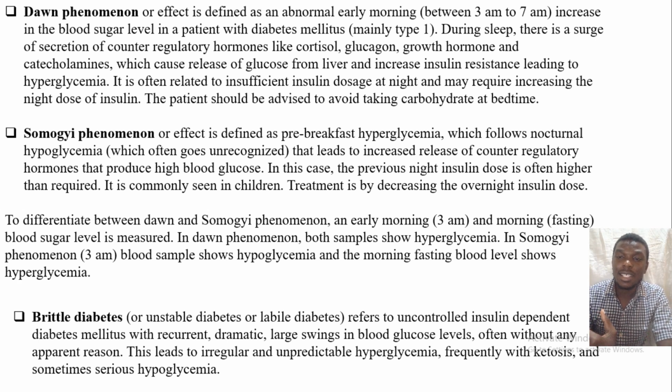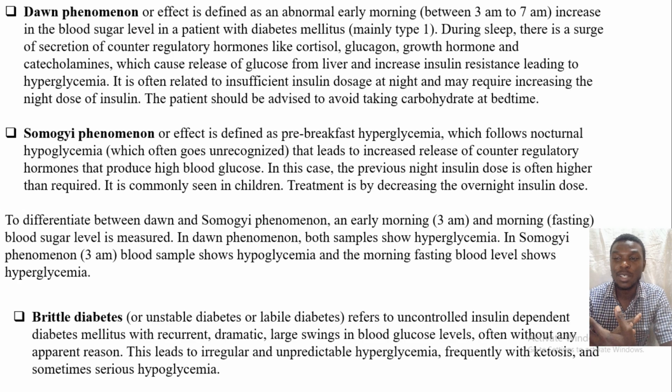Another thing that you can find in these patients is brittle diabetes. This is where you have a patient who tells you, or you are sure, that they are following all the instructions you gave them, but for some reason they are failing to control their sugar levels.